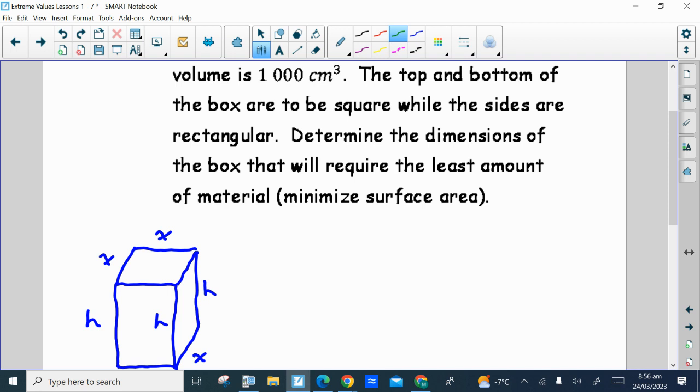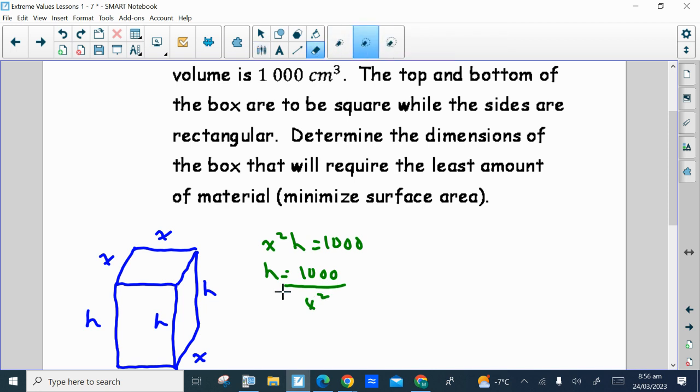We can write h, the height, in terms of x, because the volume, which will be x times x, which is x squared, times h, is 1,000. So h then is 1,000 over x squared, or 1,000 x to the negative 2. And now we have an expression for h in terms of x.